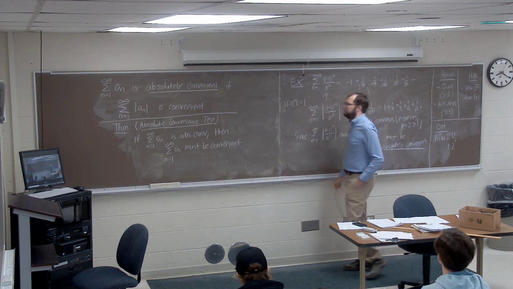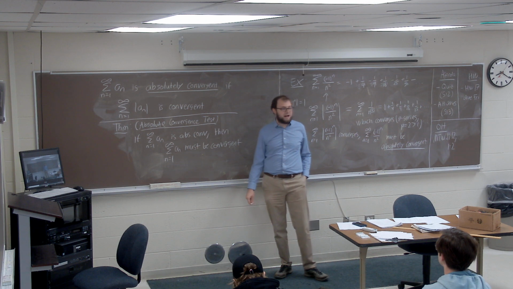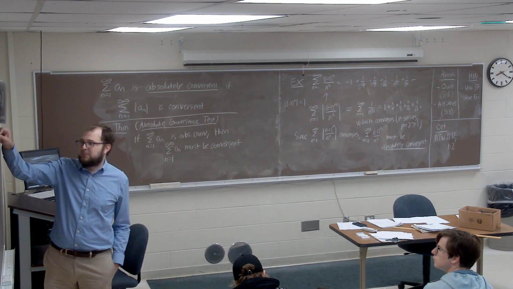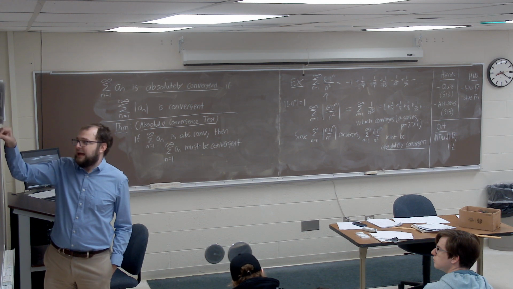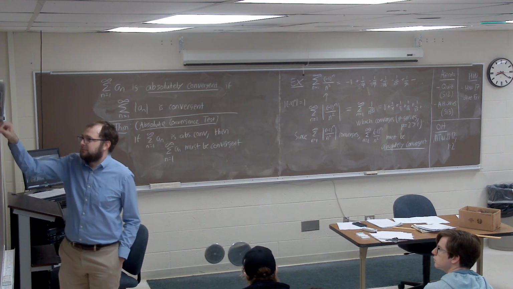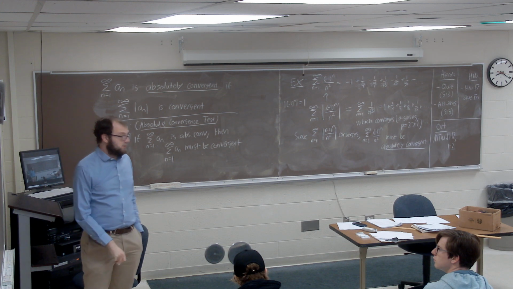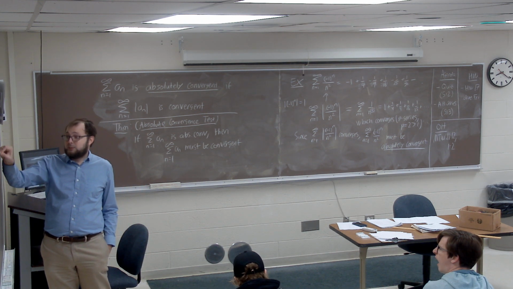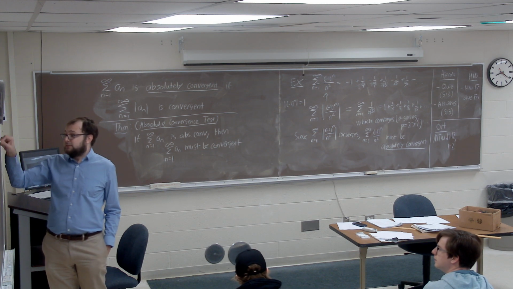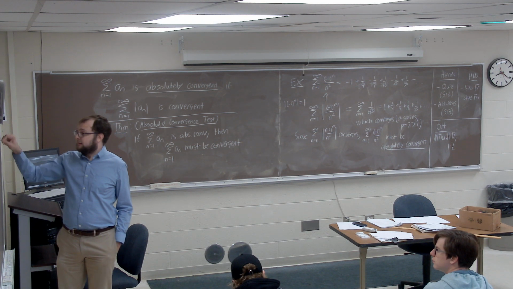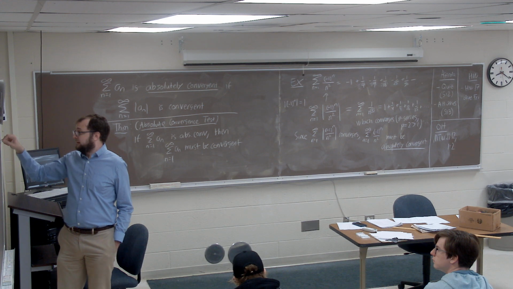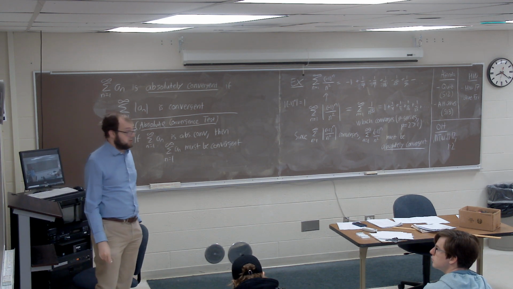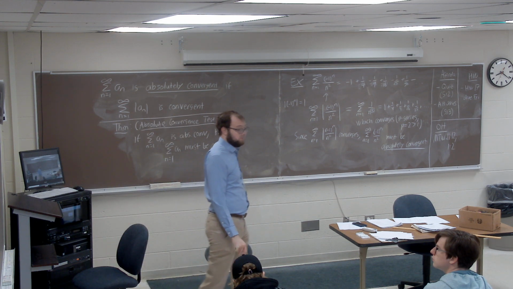And the way you would prove that is using something in math called the triangle inequality, which basically says that if you're adding up a bunch of numbers like a1 plus a2 plus a3, and you're taking the absolute value of the whole sum, that's always going to be less than or equal to what you get if you take the absolute value of each of the individual terms and sum them together.